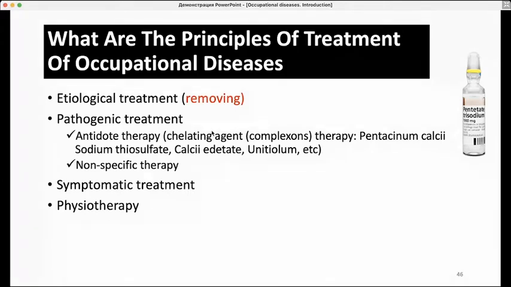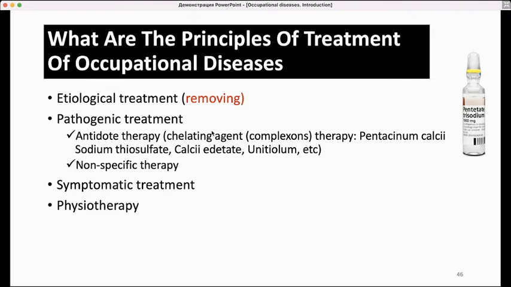It means that if the affected employee stops being exposed to the harmful agent, his or her disease can disappear after removal. That's why we have etiological treatment for occupational diseases. It is removing.